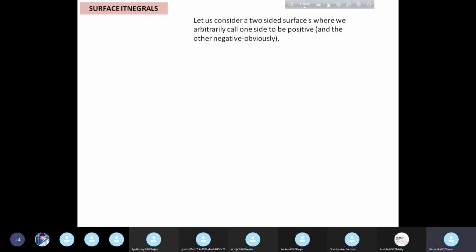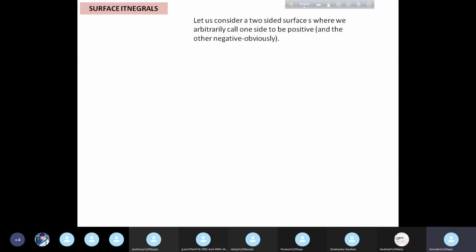We have to consider a two-sided surface S. One of the sides we will call positive, and the other side obviously we'll call negative. This two-sided surface may be a two-dimensional surface or a three-dimensional surface.